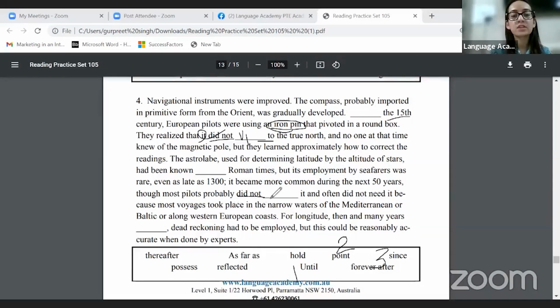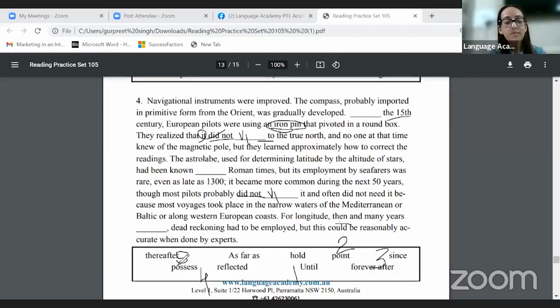So again with did comes the first form of verb, sorry. Most pilots did not have it. Have means possess. And then they say for longitude, then and many years dash. So then means at that time, and many years, forever after or thereafter. Thereafter is better. We don't know if it was forever or not. No information is given about that. So we can say many years after that, and after that means thereafter.